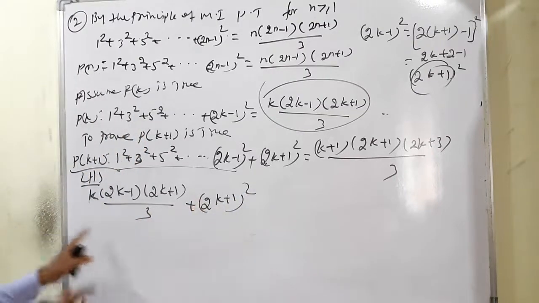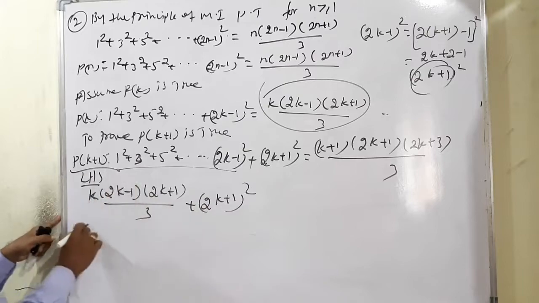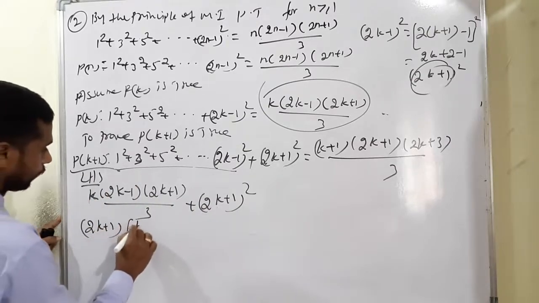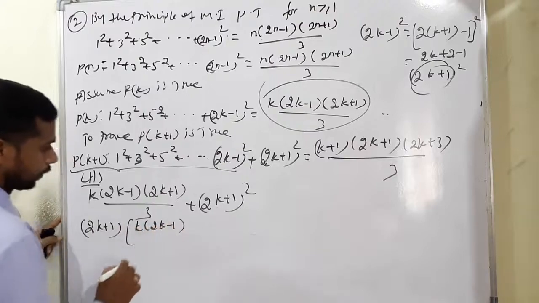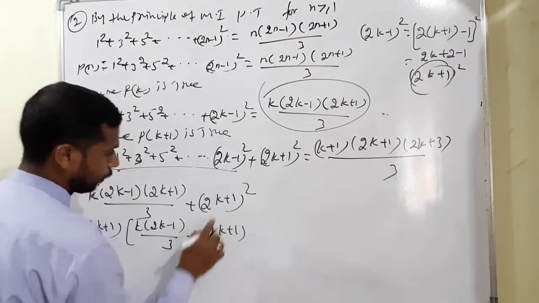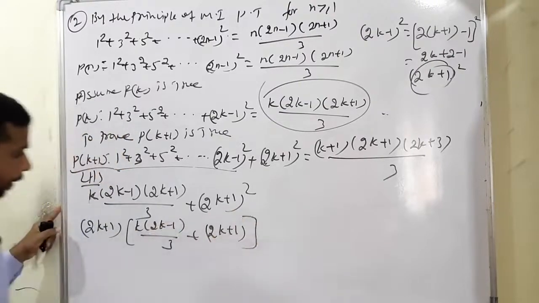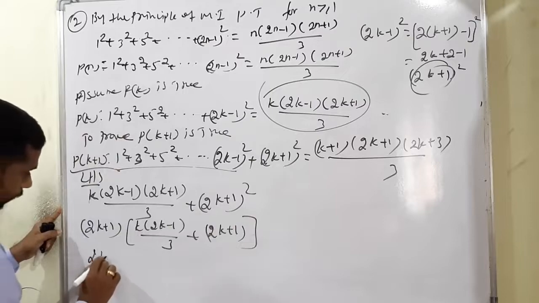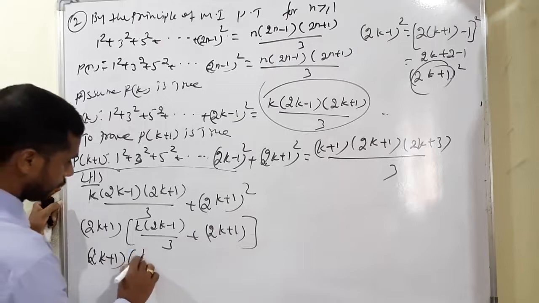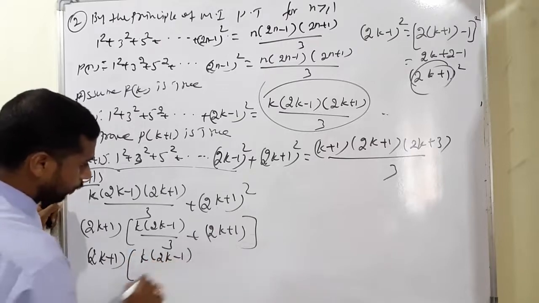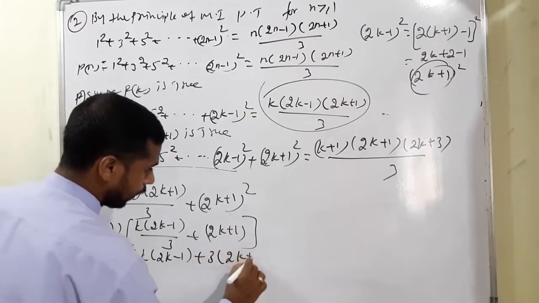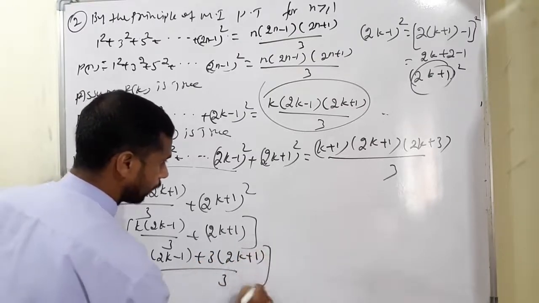The first term also has 2k plus 1, so take it common outside: (2k plus 1) into [k into (2k minus 1) over 3 plus 2k plus 1], because the square we have taken outside. Then k into (2k minus 1) plus 3 into (2k plus 1), the whole term divided by 3.